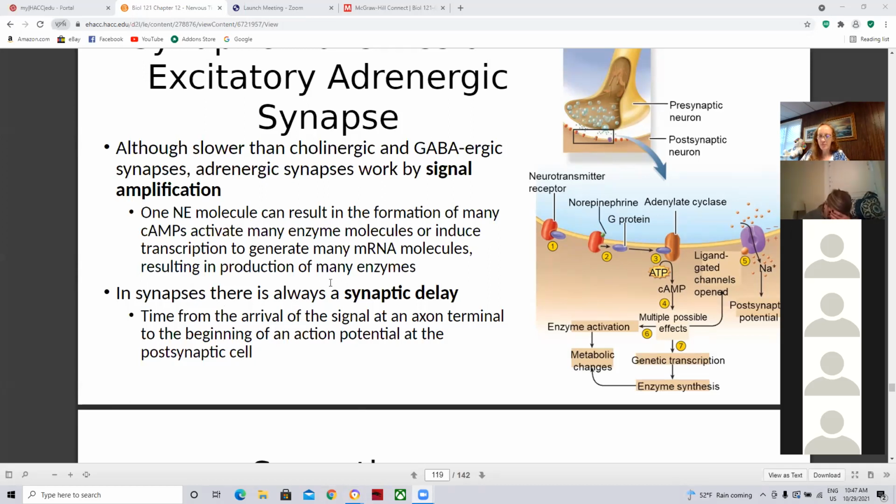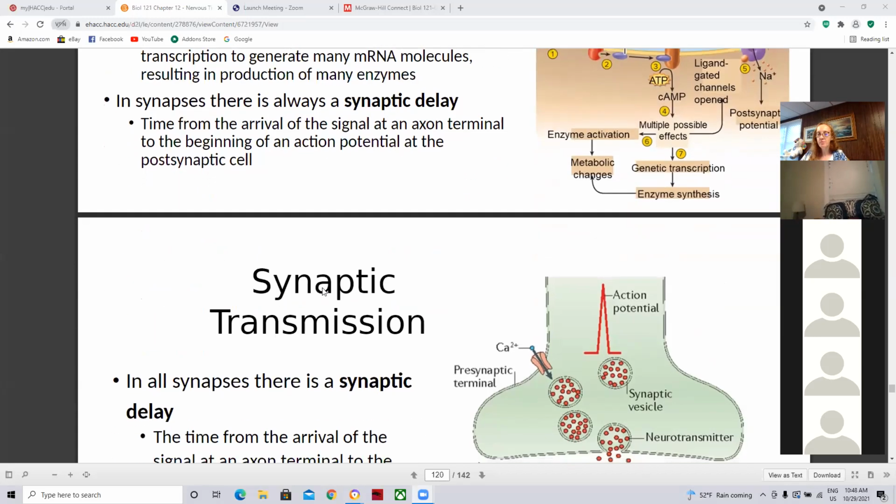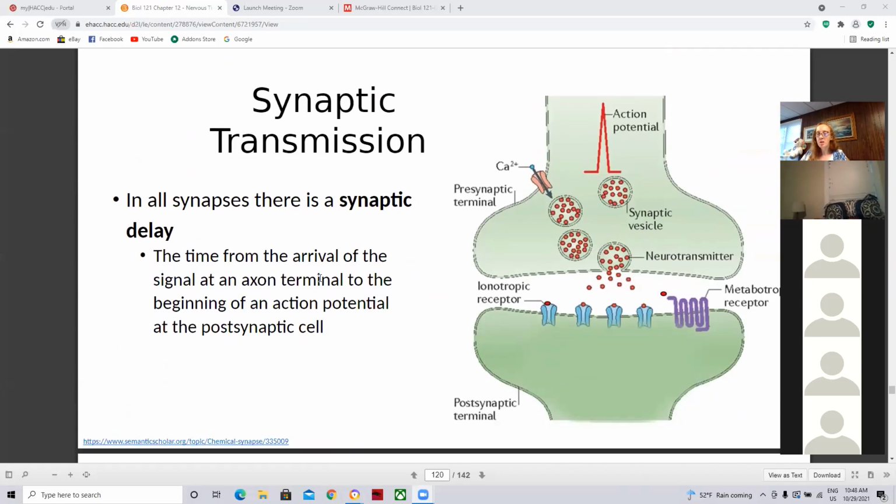The neurotransmitter has to diffuse across the cleft. And then it has to start the activation. So all synapses have this delay.